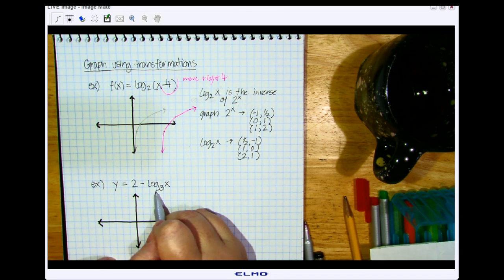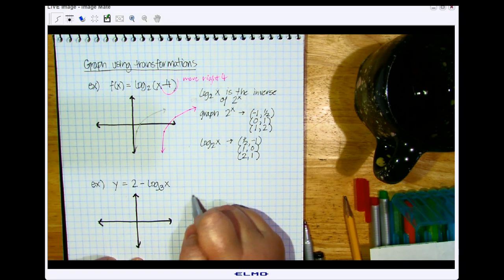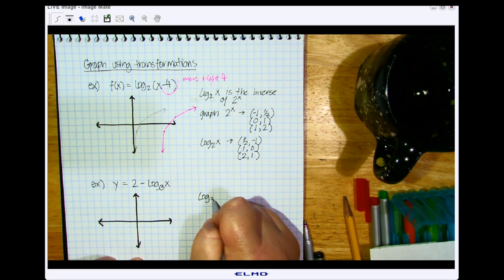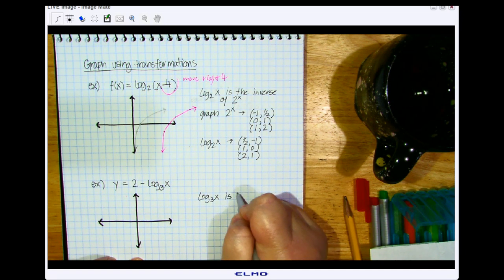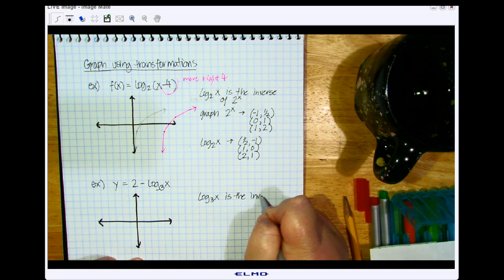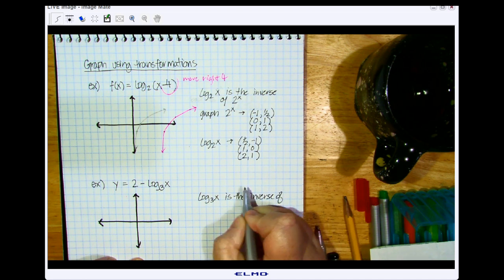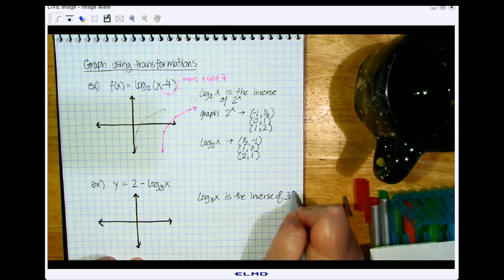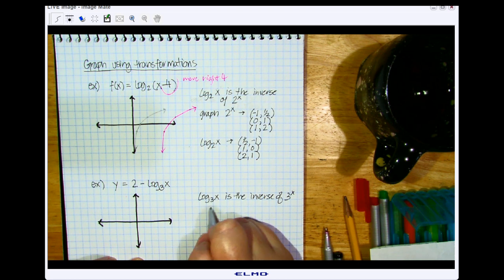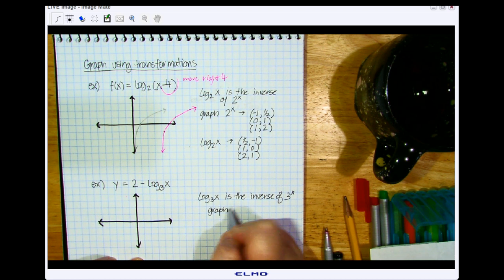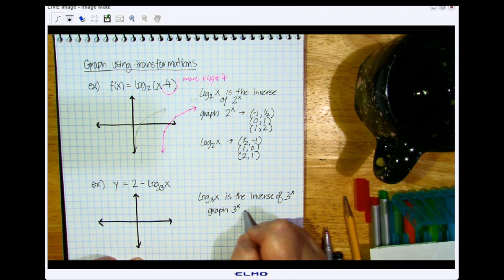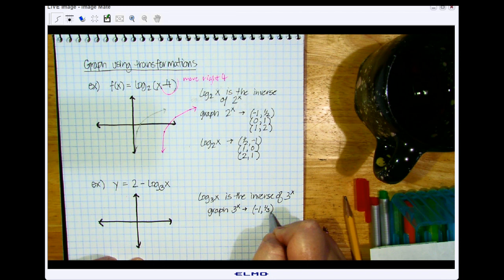Okay, so I'm going to start with my base function here. Log base 3 of x is the inverse of 3 to the x. If I go back to what we did last week and I graph 3 to the x, that's going to be a -1 and a 1/3, a 0 and a 1, and a 1, 3.